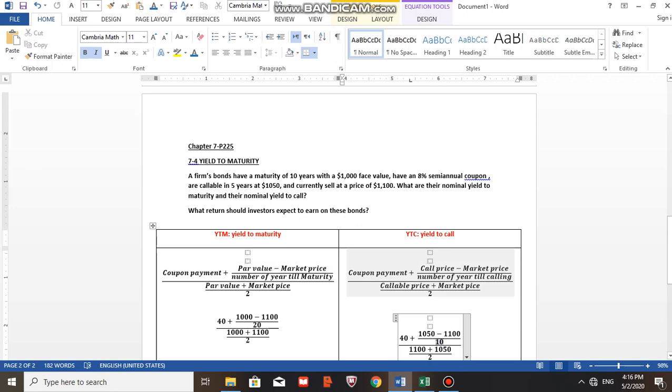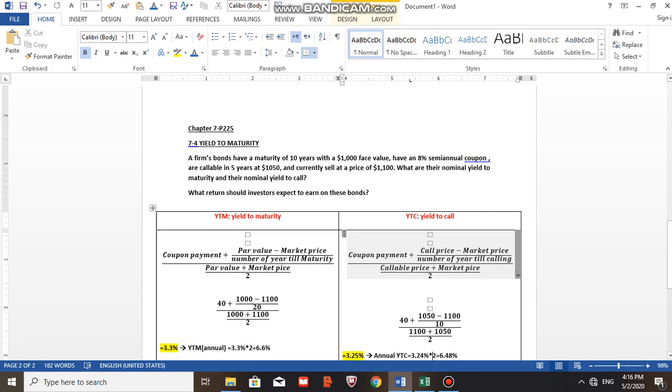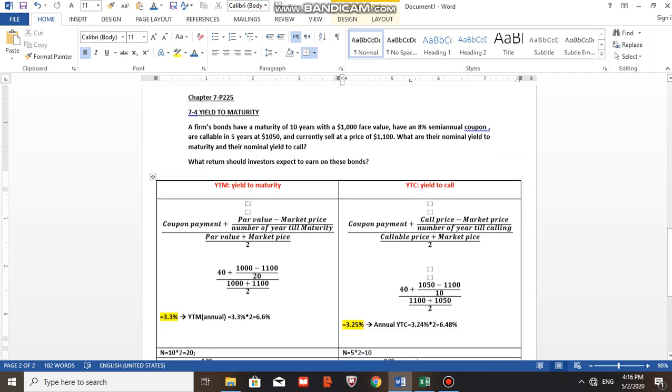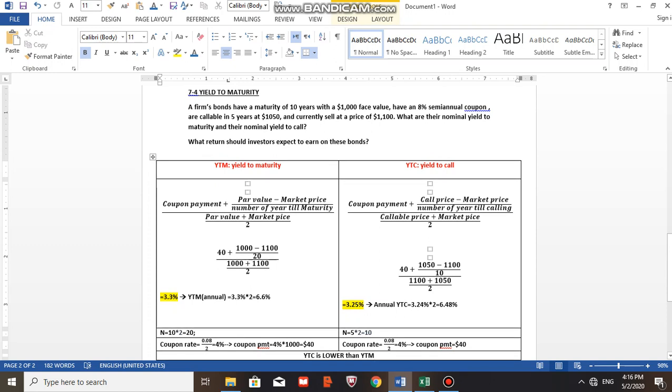So how to set the given? Let's check. Number of years till maturity is 10. However, we are working on semi-annual coupon payments. It means that the 10 will be converted to 20, which is 10 times 2, because here we have semi-annual payments.